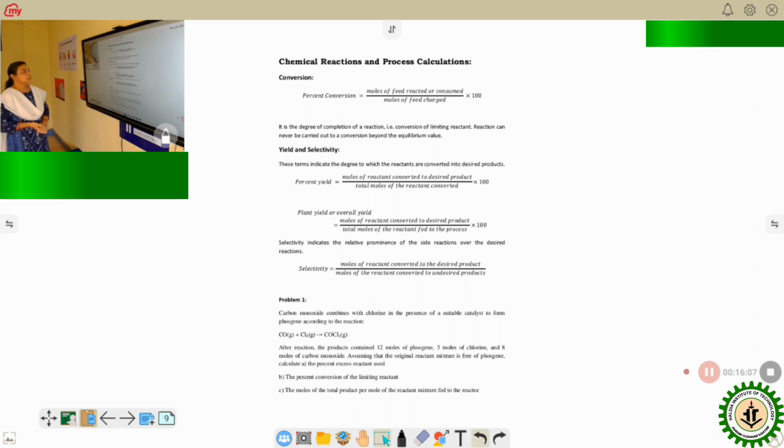Yield is represented as percent yield, calculated as moles of reactant converted to desired product divided by total moles of reactant converted, into 100.